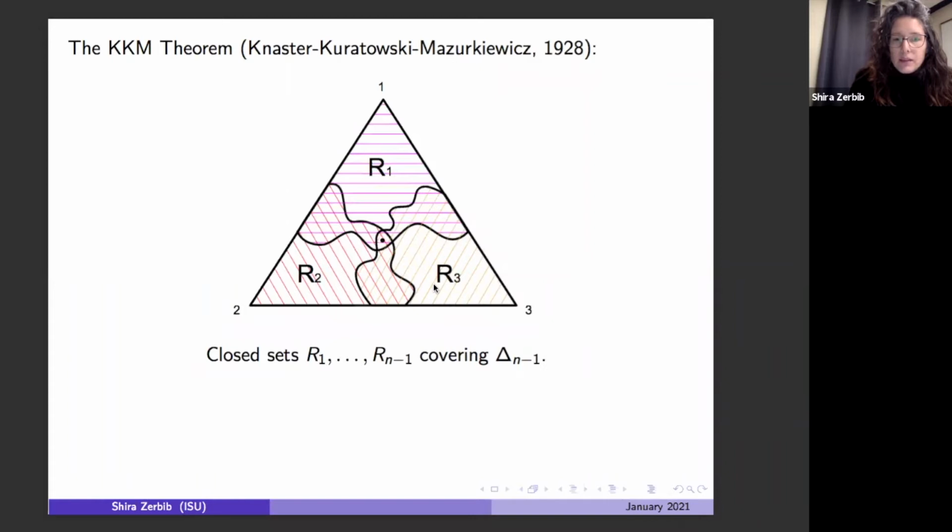If we have this condition, that for every face sigma, the face sigma is contained in the union of the Ri's where i is a vertex in sigma, then the conclusion of the theorem is that all the sets R1 to Rn must intersect.